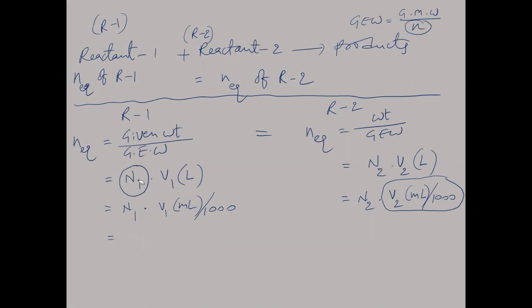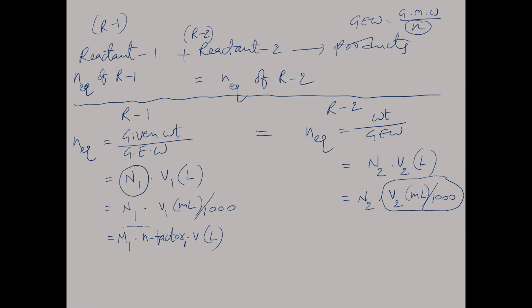So we take molarity of the first reactant into N factor of the first reactant into volume in liters, or volume in ml divided by 1000. We have to convert volume into liters. That's all. Remember: M1 is the molarity of the first reactant, into N factor of the first reactant, into volume in liters.